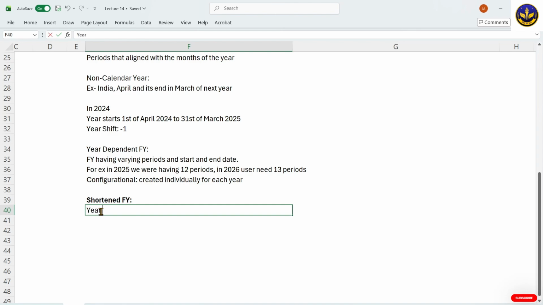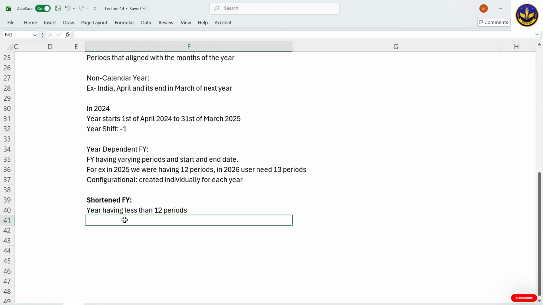A year which is having less than 12 periods. So any year in SAP which is having less than 12 periods is known as the shortened fiscal year. So what can be the scenarios where we are having the shortened fiscal year?